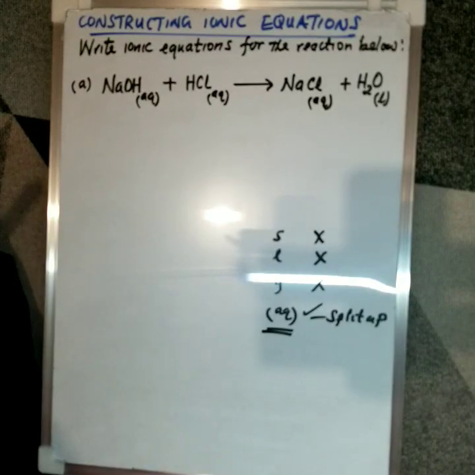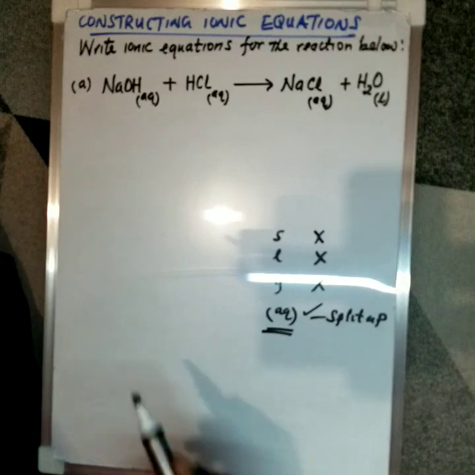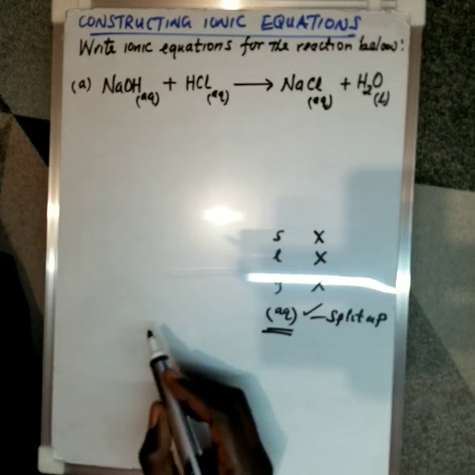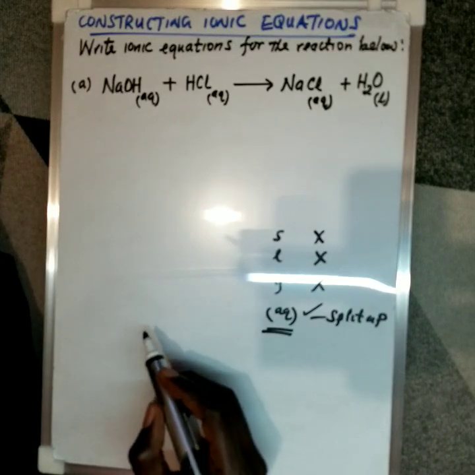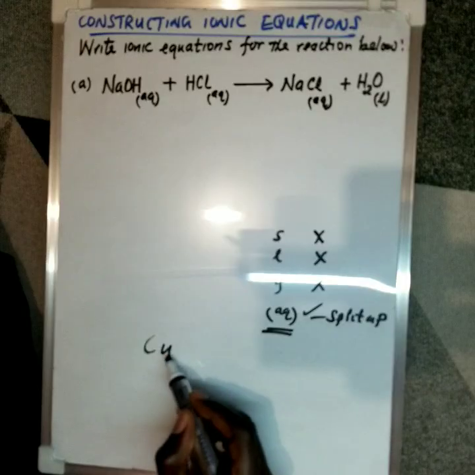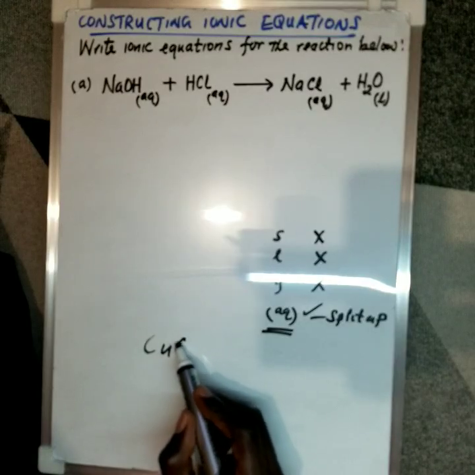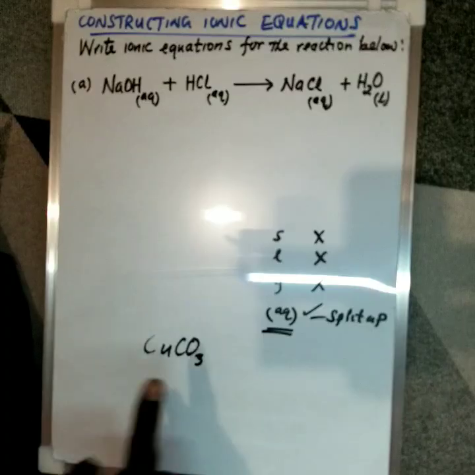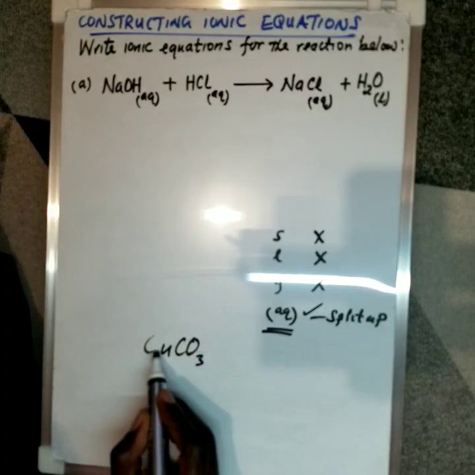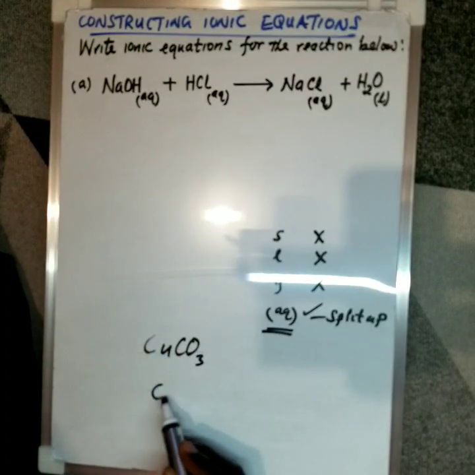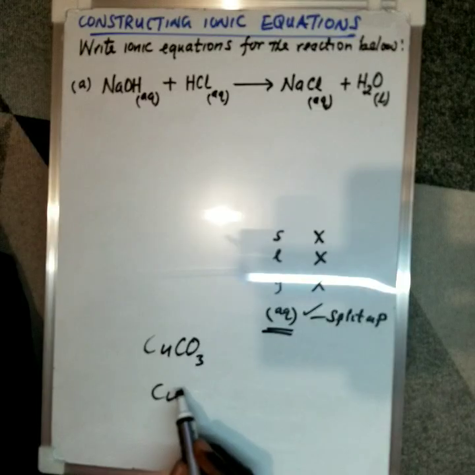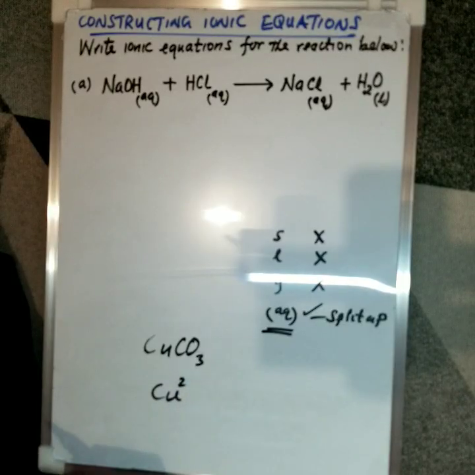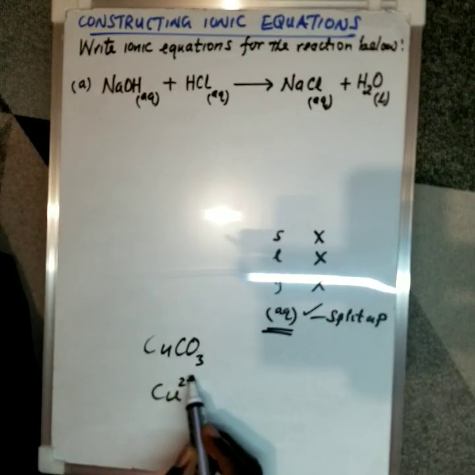You need to remember when you split up a substance, for example, copper carbonate. For the formula to be like that, it simply means that the copper had a valence of 2. So when I split it up, I give it the valence as well as the charge.